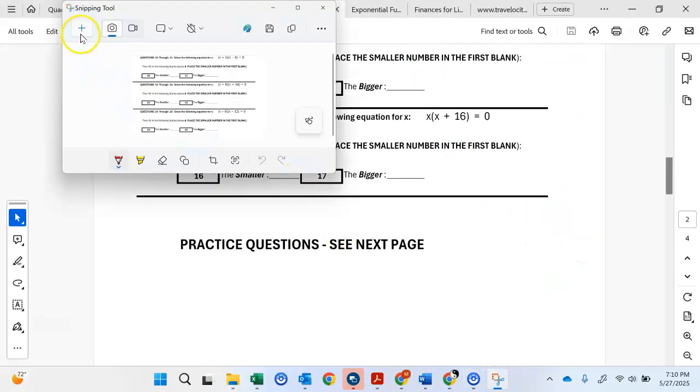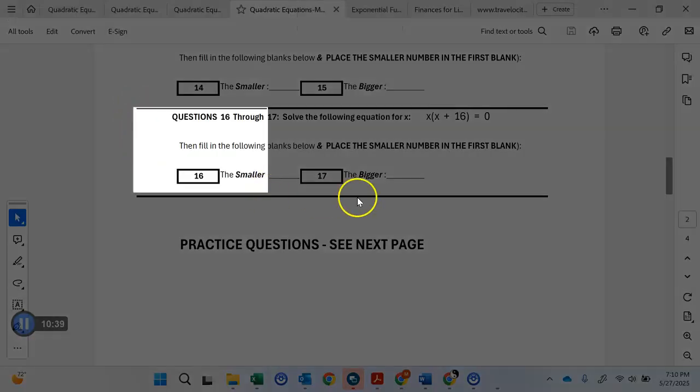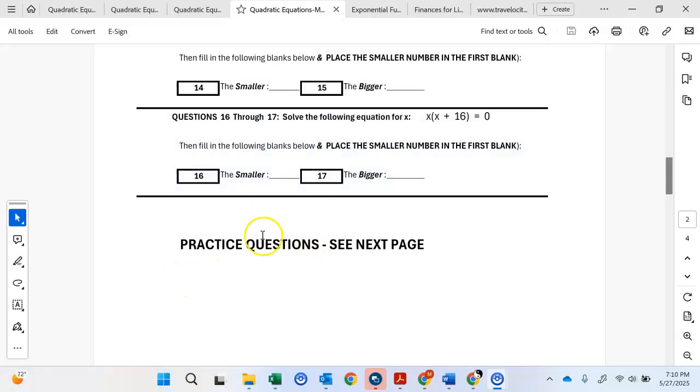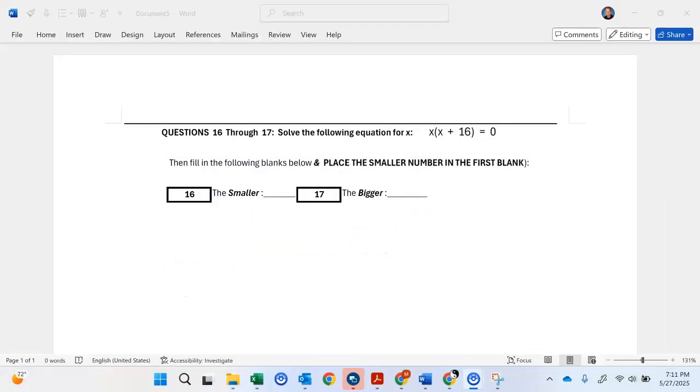We have one more problem, which is 16 through 17, and then you'll be able to do practice questions. Remember, this is a little bit different. Here we have that, so you should know that the opposite of plus 16 is minus 16. But what is this? Well, think of this one as you need either this to be 0 or that to be 0.